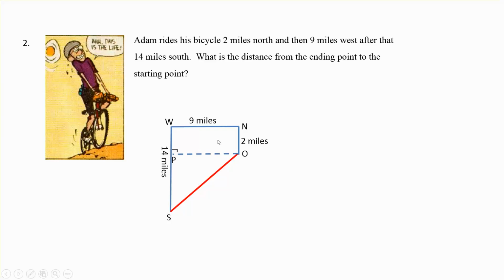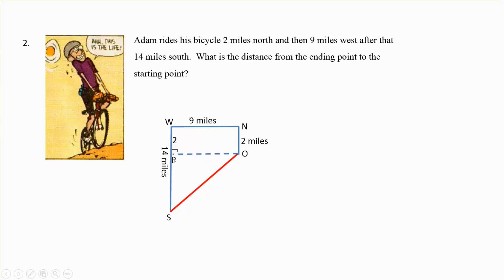The first part is a rectangle, while the other part is a right triangle. Okay, if the length of NO is equal to 2 miles, so the length of WP is equal to 2 miles because it is a rectangle.